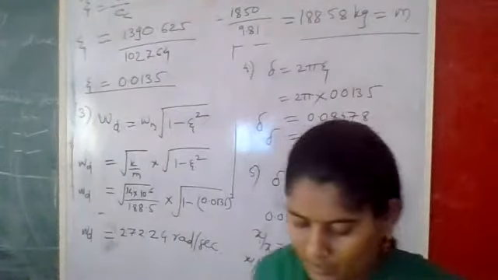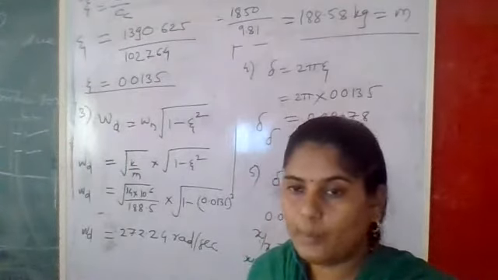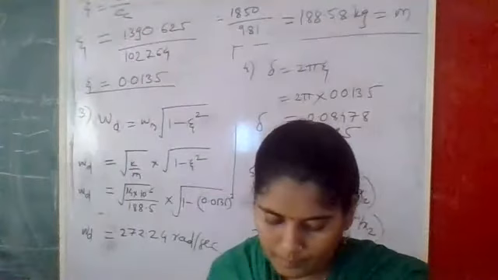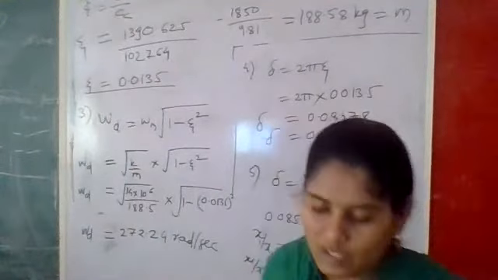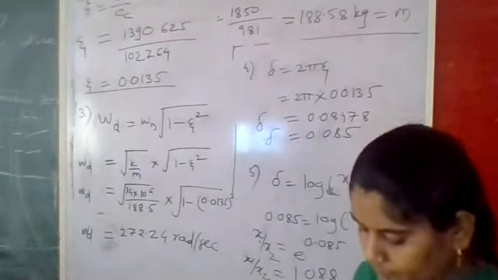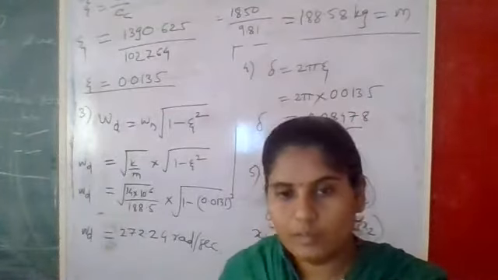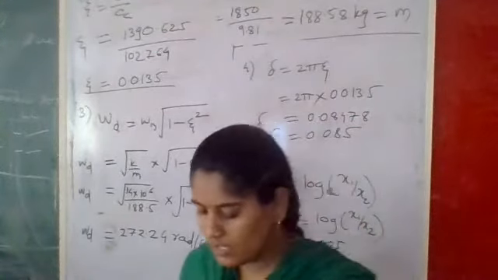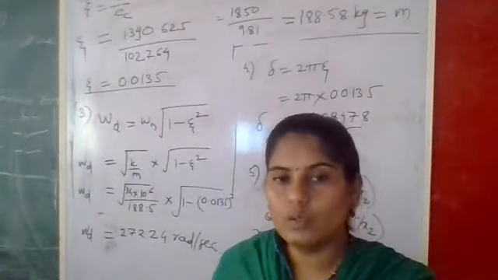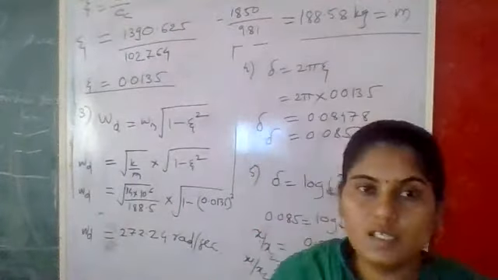First, critical damping CC. Second, damped natural frequency when C is equal to CC by 2.